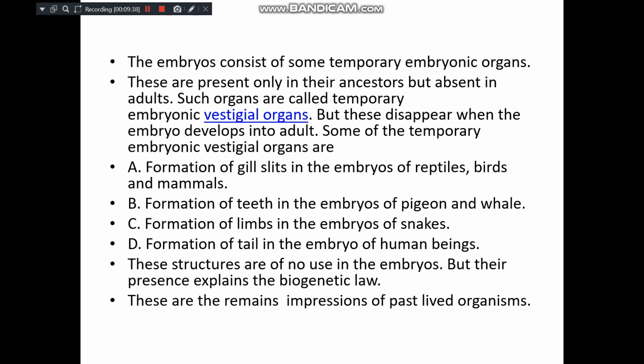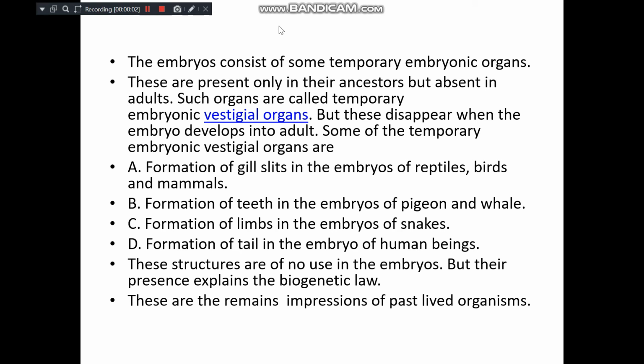Gills are the characteristic feature of aquatic organisms, which respire with the help of gills. But reptiles, birds, and mammals respire with the help of lungs. Still, if you look into the embryo of reptiles, birds, and mammals, you will see the pharyngeal gill slits. It's a very interesting fact.